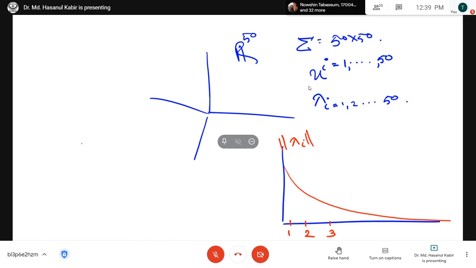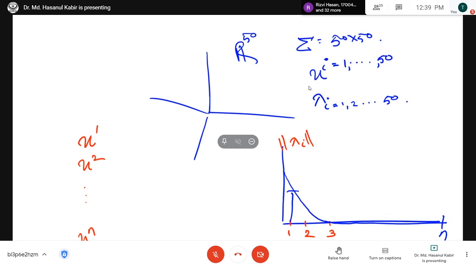Now, if you have the eigenvectors arranged in such a fashion, that means you have n eigenvectors, and only the first two have data variance. From the third onwards, all of them are close to 0, maybe something like 0.1.